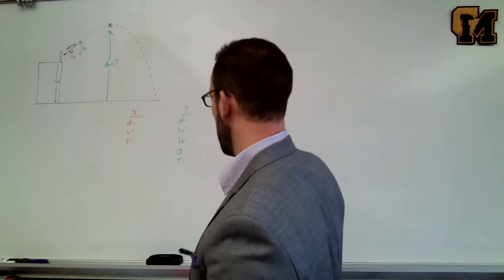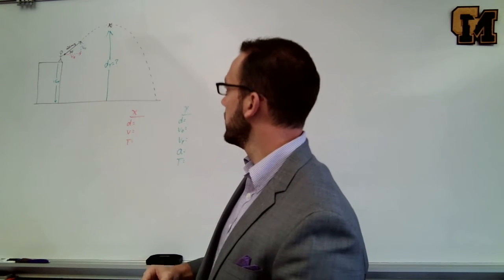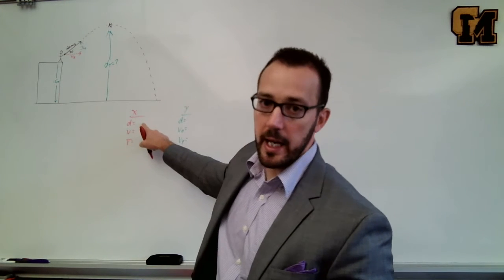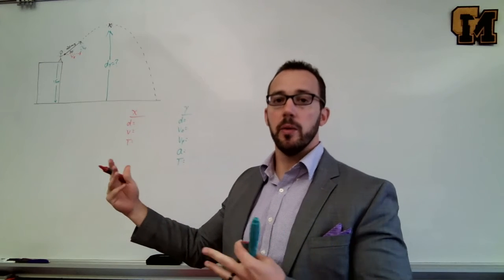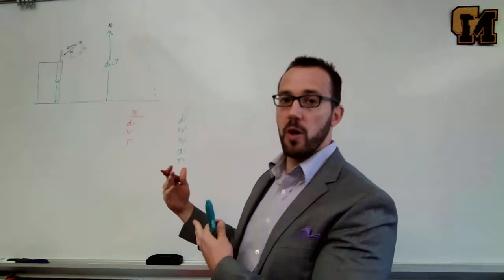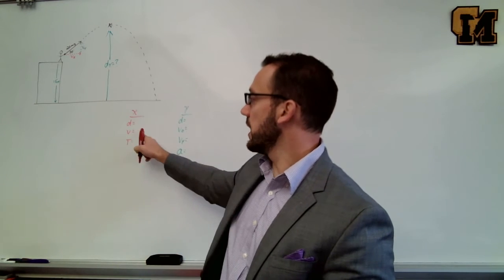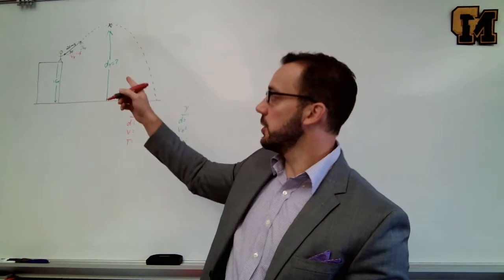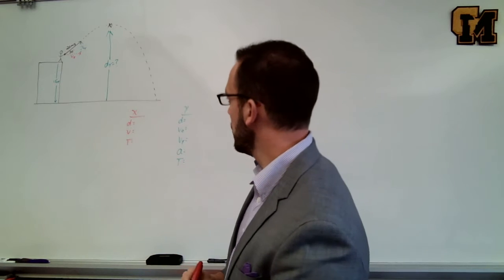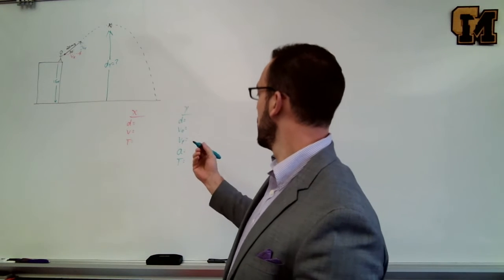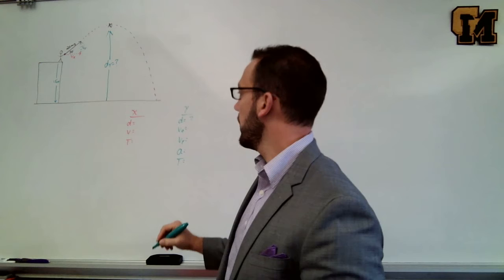So pulling my numbers out, the stuff that we have so far, displacement in the x, I don't know. I don't know where it's going or how far away in the x direction the maximum height is going to take place. Velocity in the x, we'll solve for that in a second, doing our right triangle stuff. In the y direction, we're trying to figure out how high does it go.